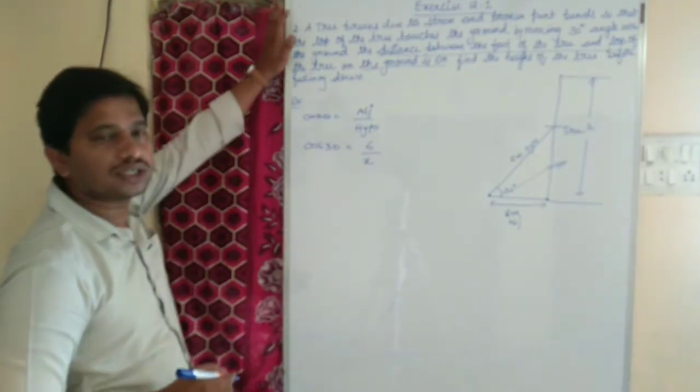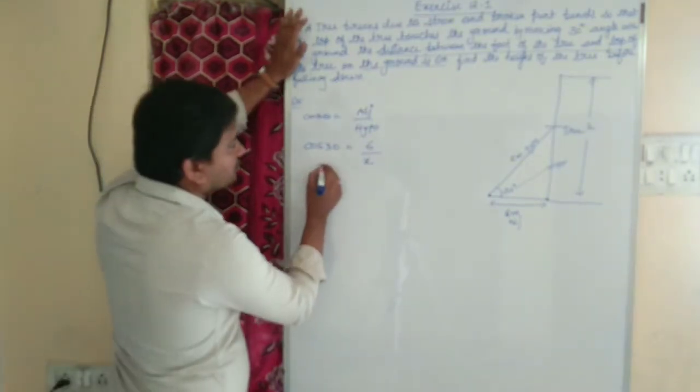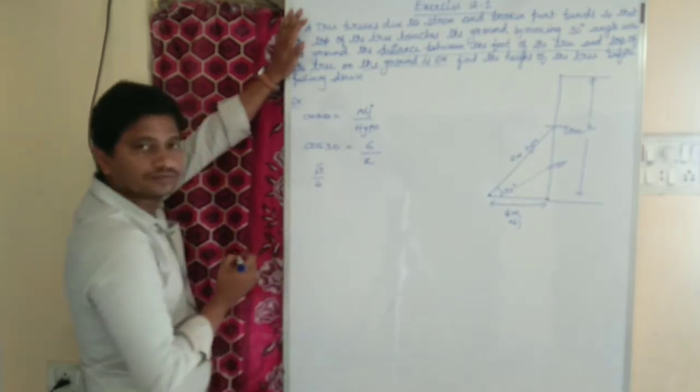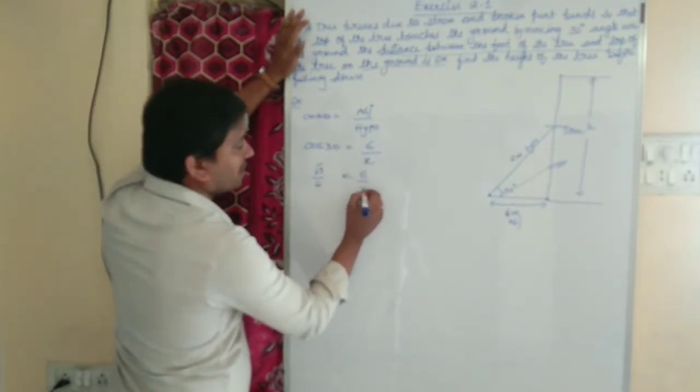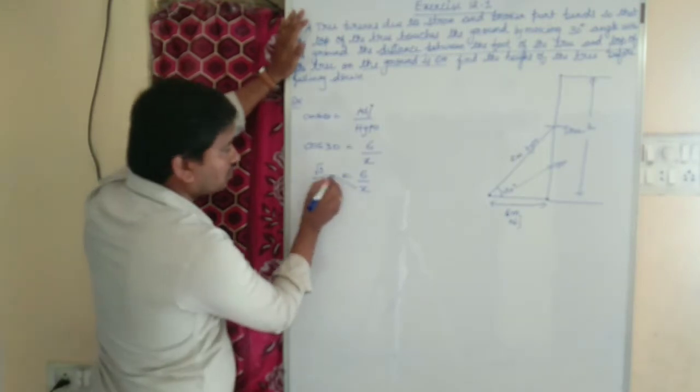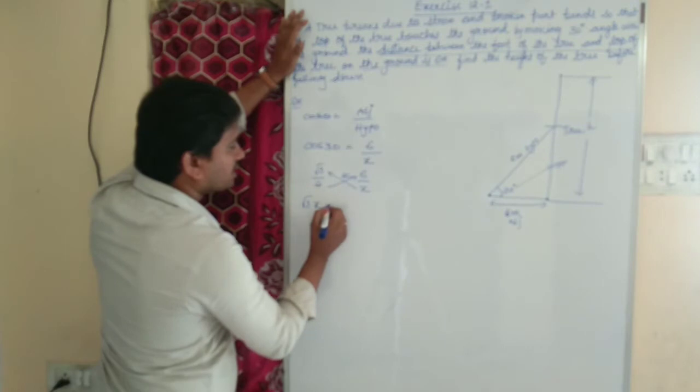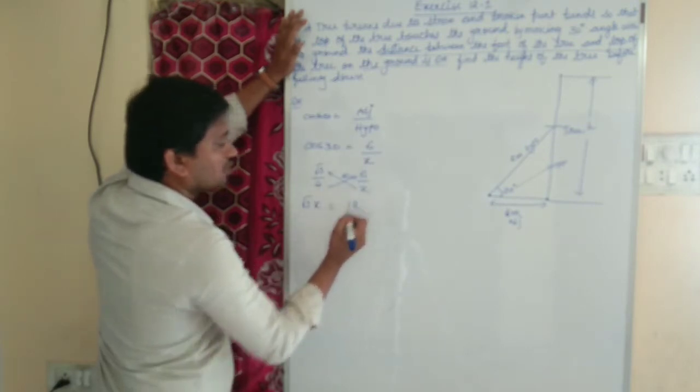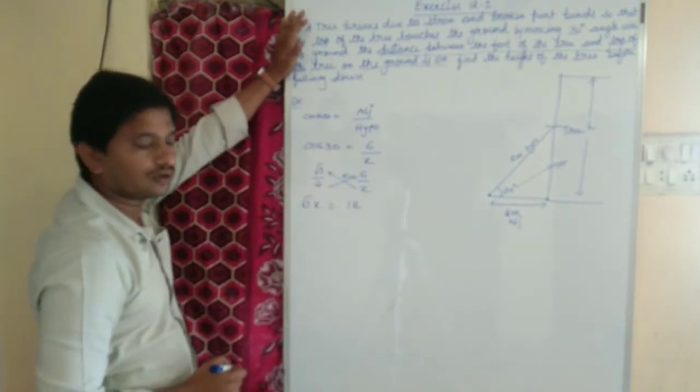What is cos 30, children? Cos 30 is root 3 by 2, which is equal to 6 by x. So cross multiplication: root 3 into x, root 3x equals 6 into 2, that is 12, right?